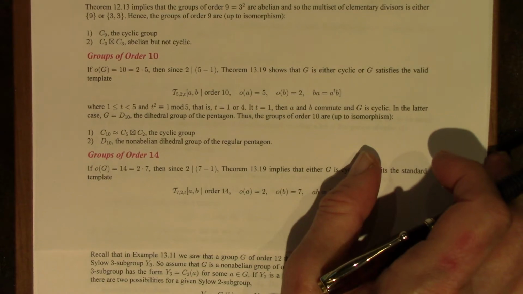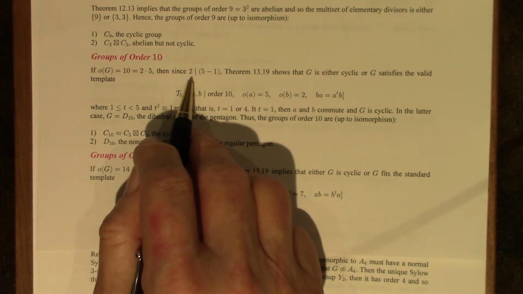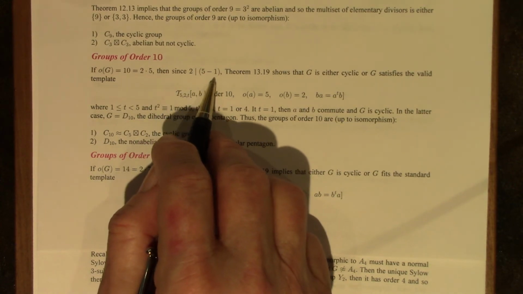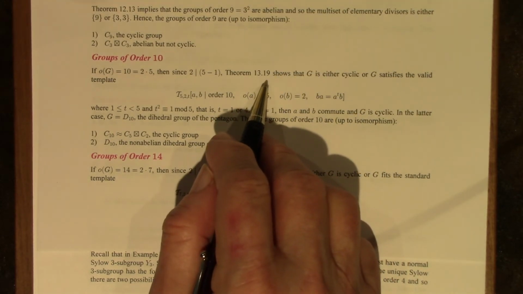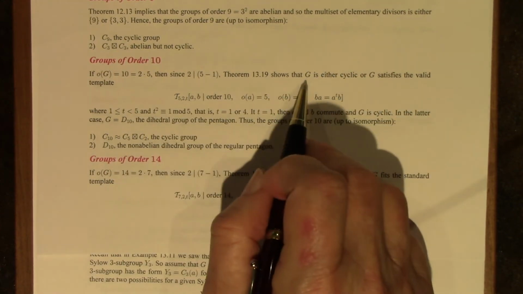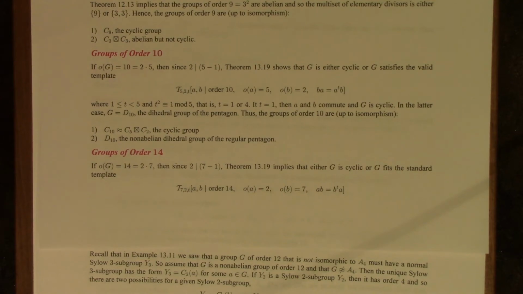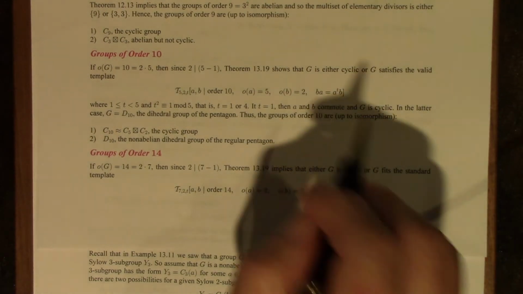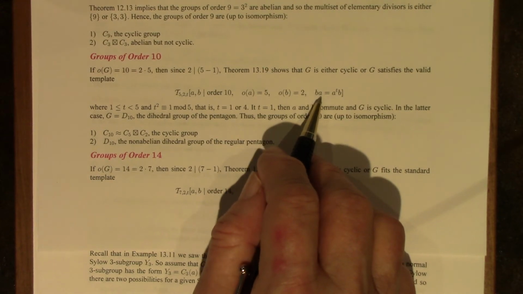Groups of order 10. 10 is 2 times 5, and 2 does divide 5 minus 1. So theorem 13.19, the theorem concerning the groups of order pq, of which this is one, 2 times 5, shows that G is either cyclic, so it's a cyclic group of order 10, abelian of course, or G satisfies the valid template that looks like this.